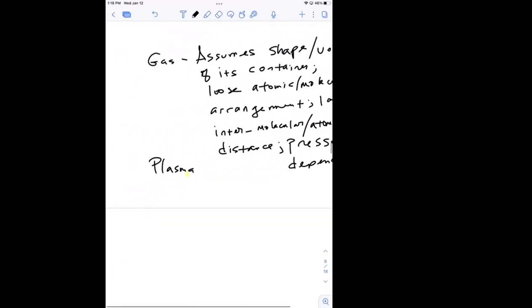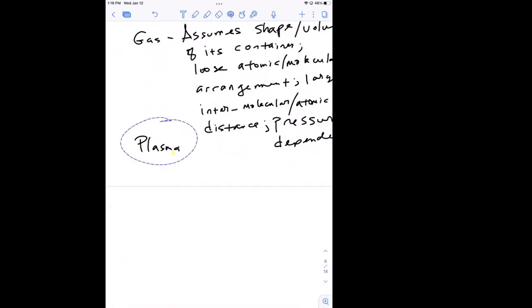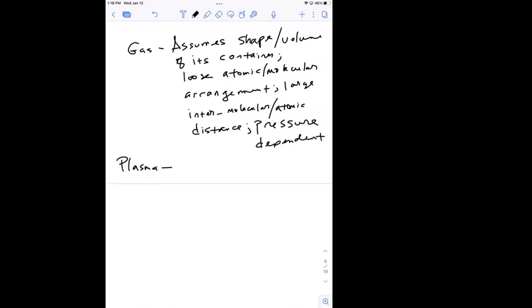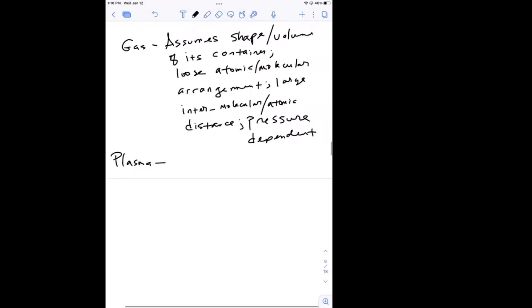All right. So the final state of matter that exists is what we call plasma. And this is not blood plasma. It's actually a gas, but the gas has some specific qualities about it that make it plasma. Whoever answered the question about the four phases of matter, can you tell me what plasma actually is?